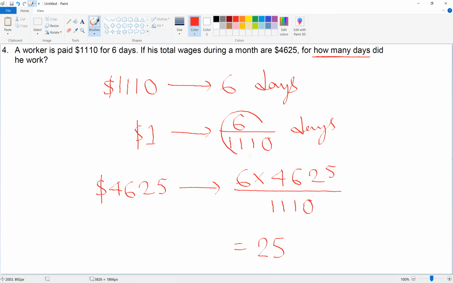I didn't calculate this in the middle. I just left it like this. I don't calculate anything in the middle. Okay. Are you good or still confused? Yeah, I understand it a lot better now.